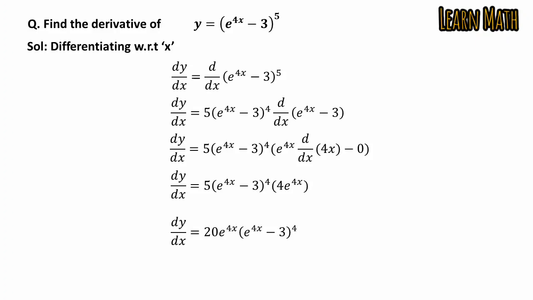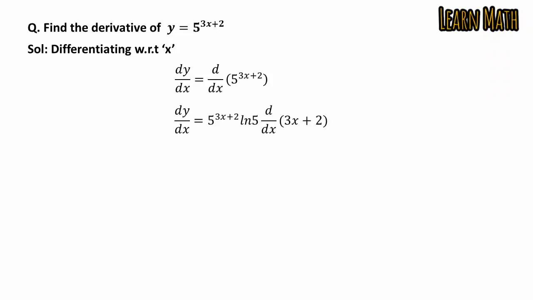Now the next question is, find the derivative of y = 5^(3x+2). Differentiating with respect to x, dy/dx is equal to d/dx of 5^(3x+2). As we know, the derivative of a^x is equal to a^x ln a.